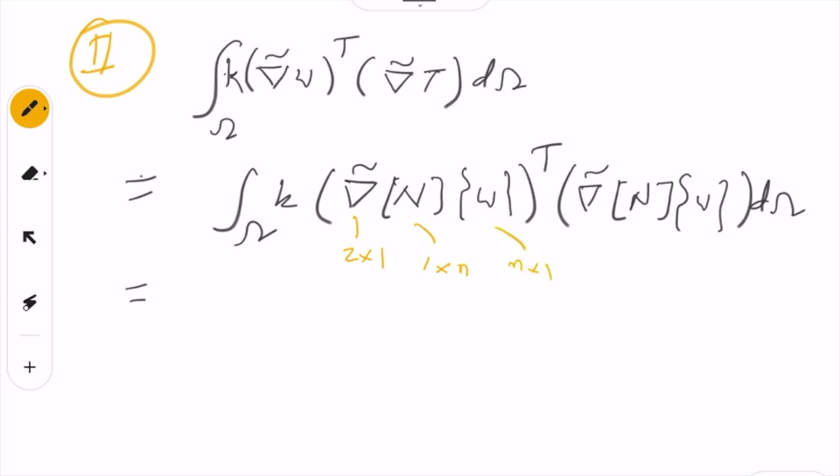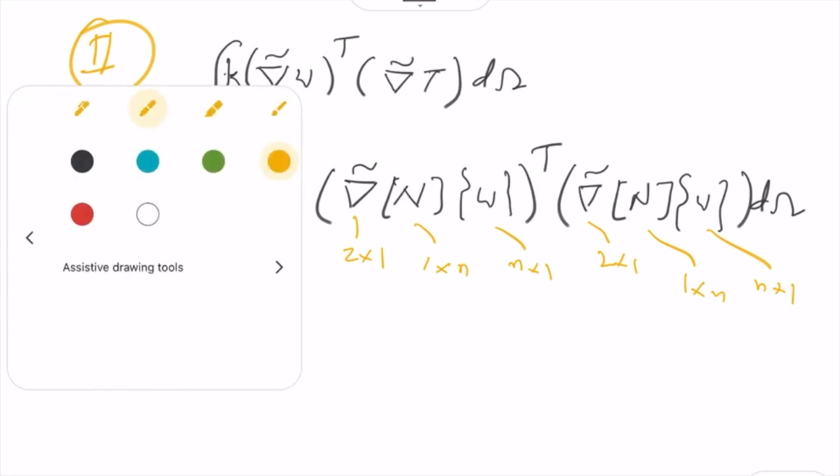So you get total 2 by 1, but the transpose becomes 1 by 2. Similarly here you have 2 by 1, N is 1 by n, this one is n by 1. When you take the transpose, then what happens?